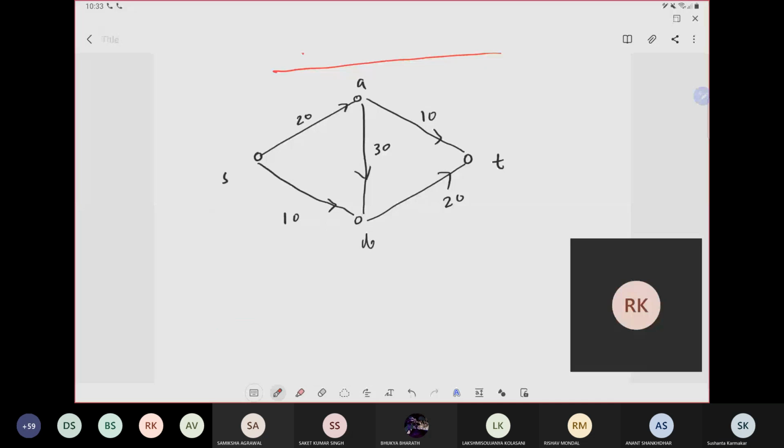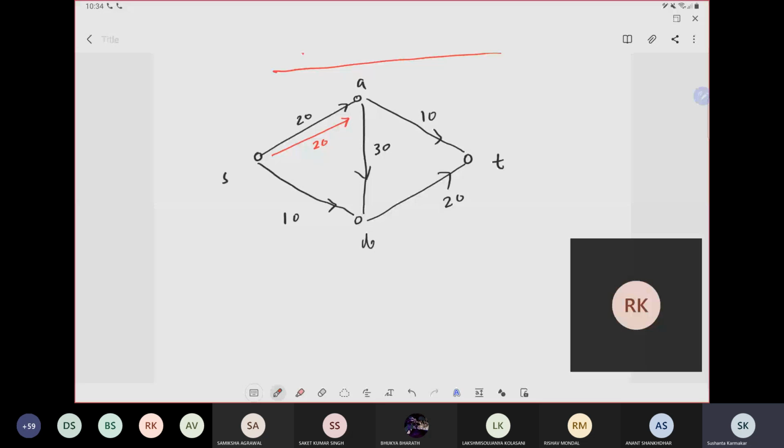Possibility is, let's say, if I pass here, I can assign a value of maximum 20 in this link. Okay, so if I assign a value of maximum 20, then I have to somehow make this edge and this edge some values such that their sum is 20.